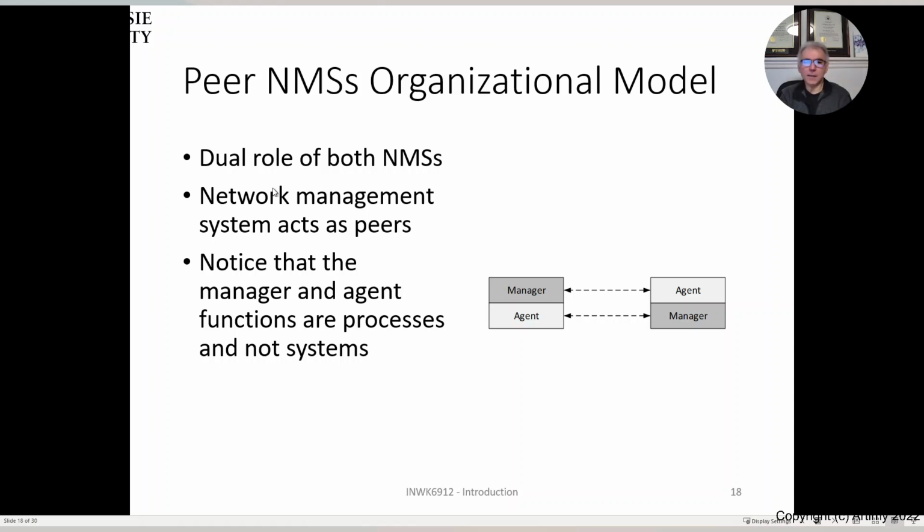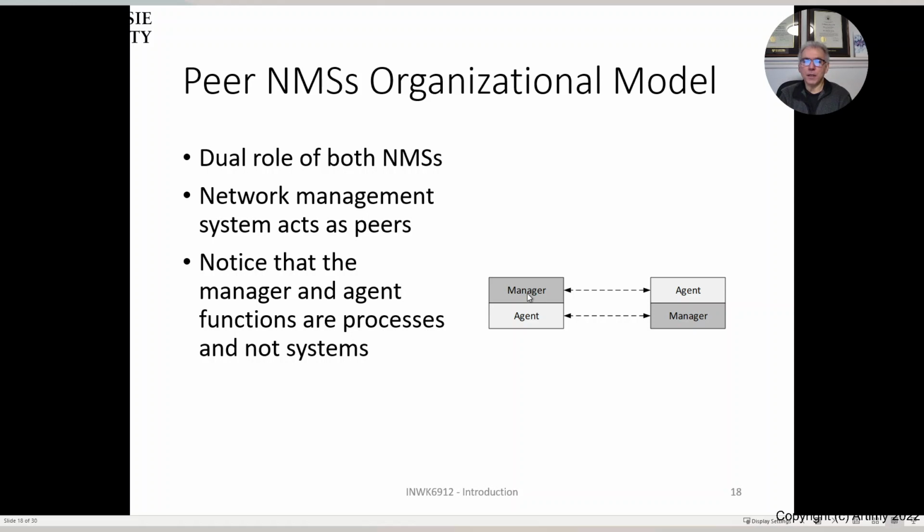And finally, I said the organizational model doesn't have peer-to-peer. Actually, it says here there is the peer network management systems organizational model. We can do the peer by actually having a manager and agent on one side and a manager and agent on the other side, right?